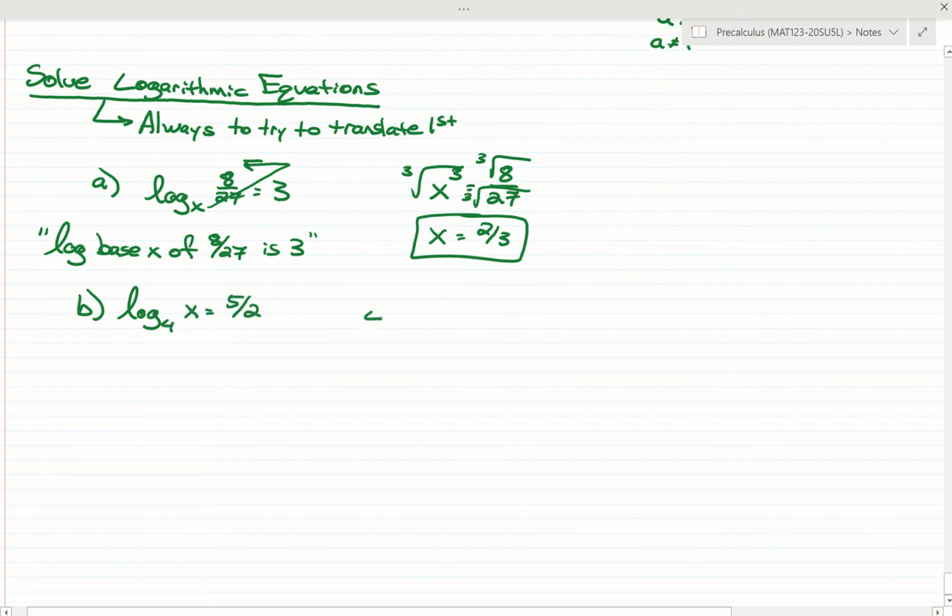Well, this means 4 to the 5/2 power is equal to x. I just use our translation property, a little crisscross. So this means the square root of 4 to the 5th power is equal to x. Square root of 4 is 2. 2 to the 5th power is 32. 2 to the 3rd is 8. 2 to the 4th is 16. 2 to the 5th is 32.